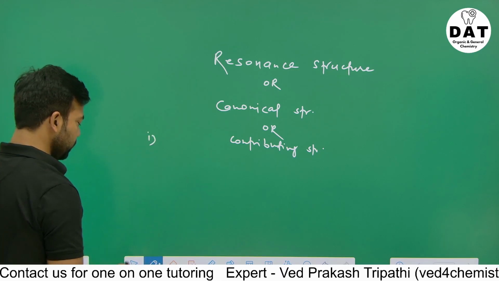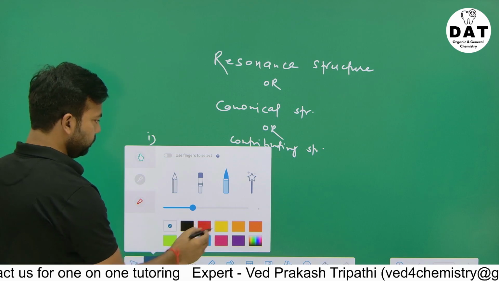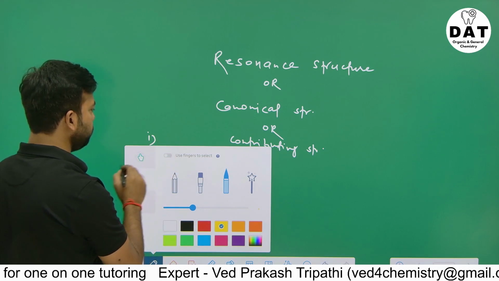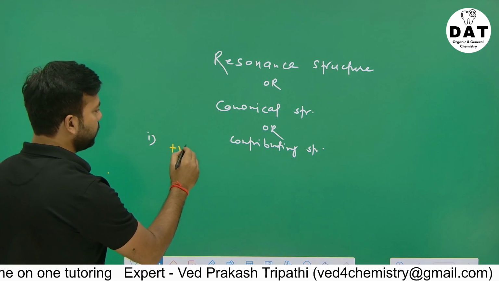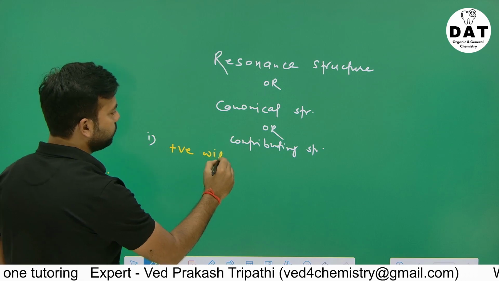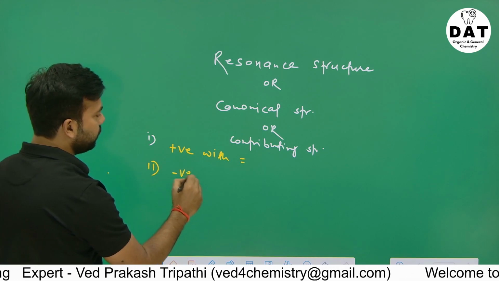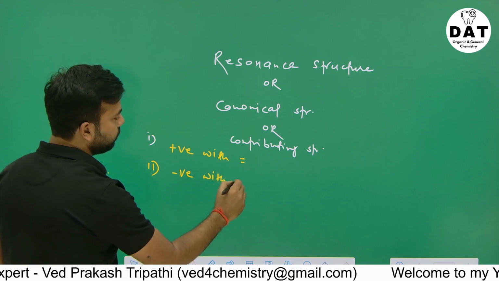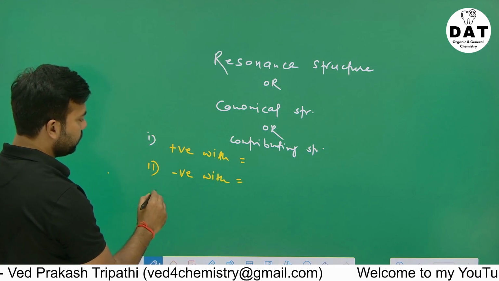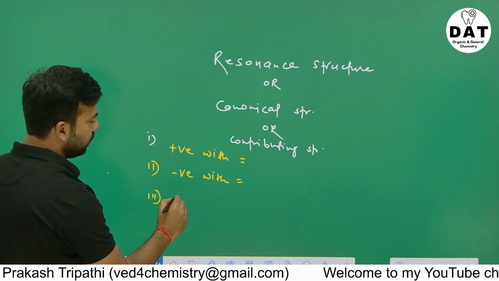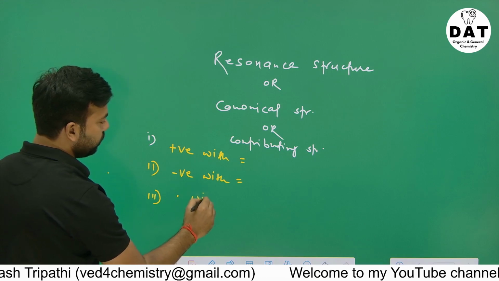The very first one is positive charge with a double bond. Second, negative charge with a double bond. Third case, radical, a single dot is called a radical, with a double bond.